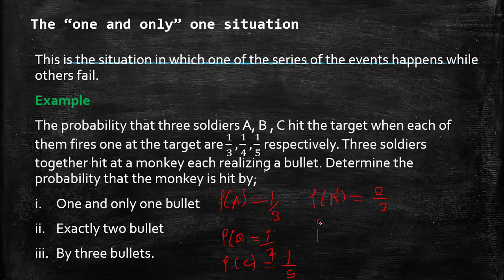Then for B prime, since this is 1 out of 4, the other one is going to be 3 out of 4. Then probability of C prime is also going to be 4 out of 5. Is that clear? How we get those A prime, B prime, and C prime?